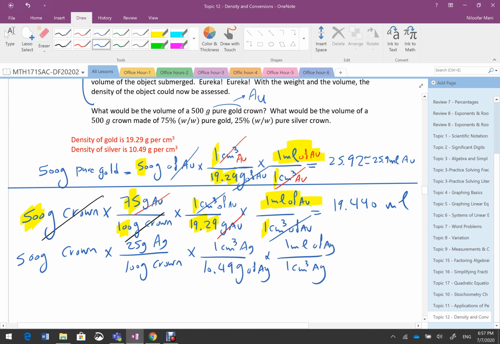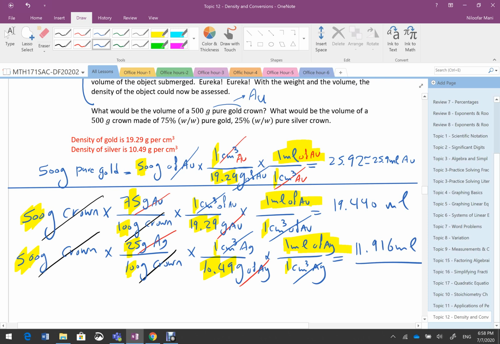Now I can cancel this and that, this and that, this and that. What is left is this, and this, and this. So it is 11.916 milliliter.